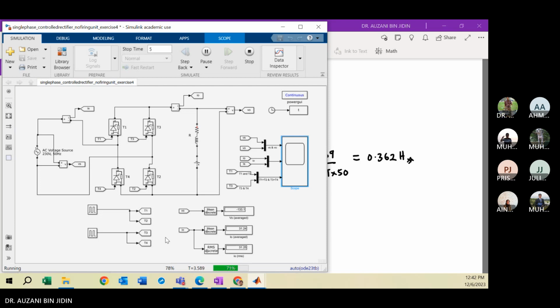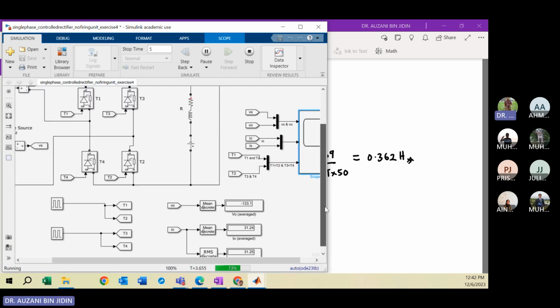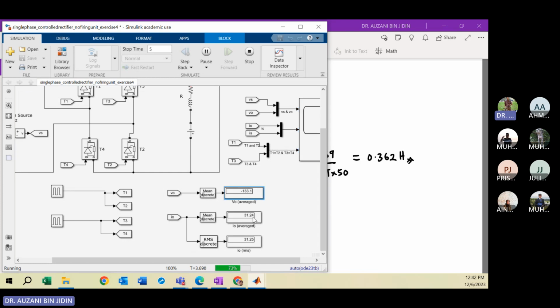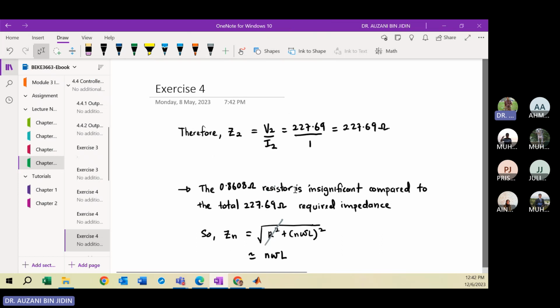Okay. From the scope here, sorry, the display block here. This is the display block. So you can see the result for the DC component of the output voltage and output current. By comparing these two results, the RMS value and the average are the same. Okay, where's your calculation?